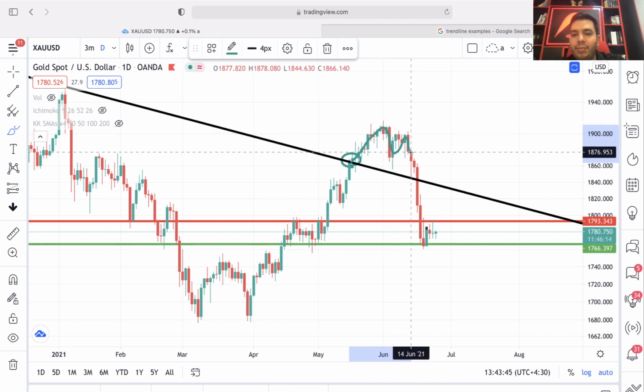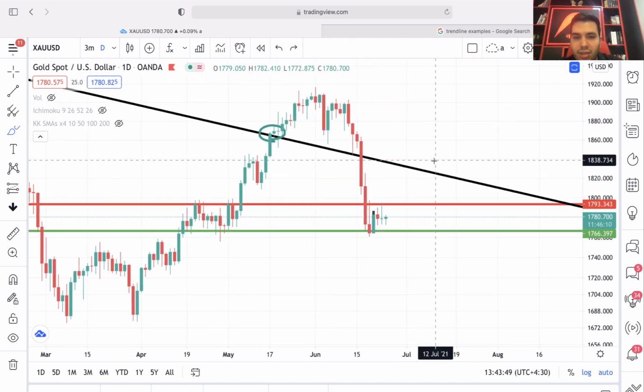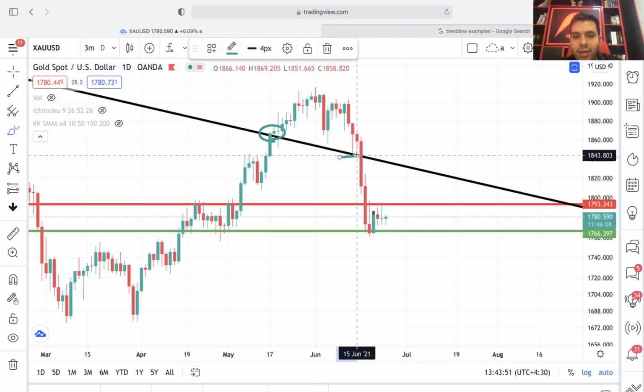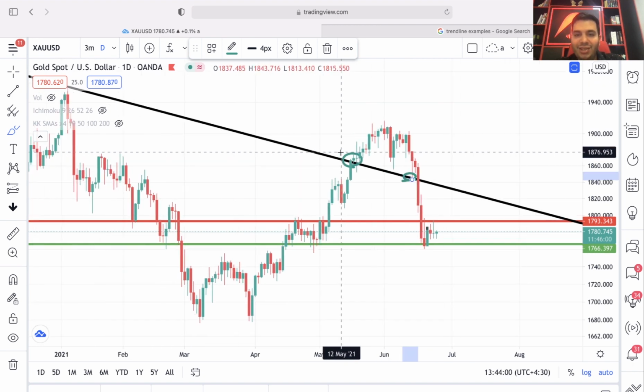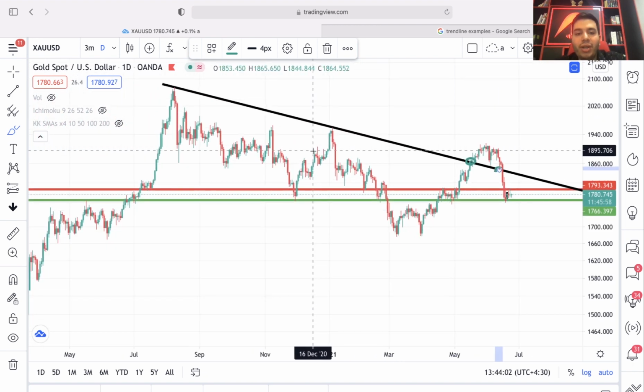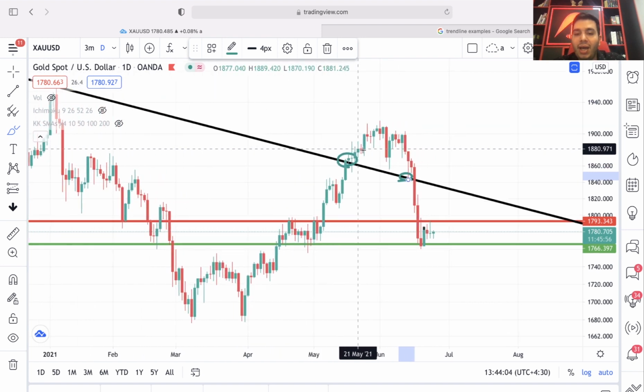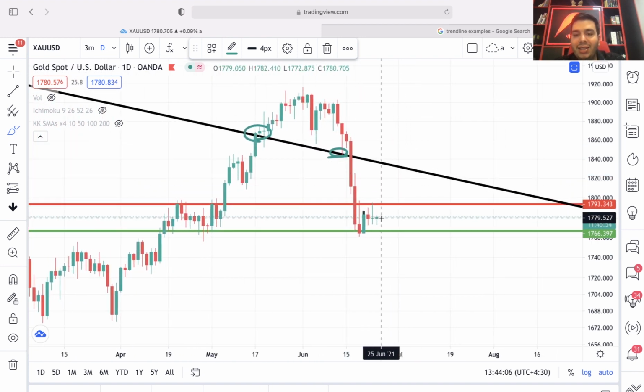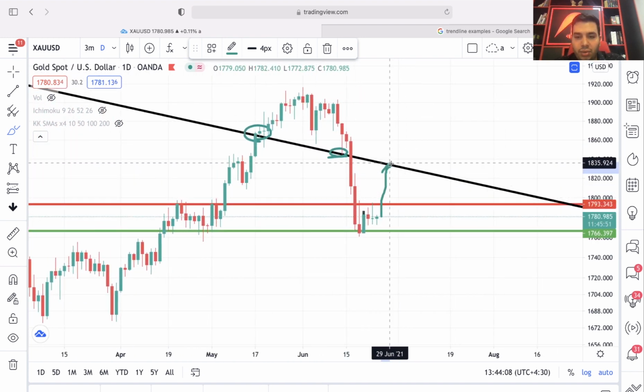And after the breakout, after this small pullback here, you expect this trend line to work as a support. It didn't work again, okay, so this line is just not working, but I think it will work as a resistance line right now, okay?